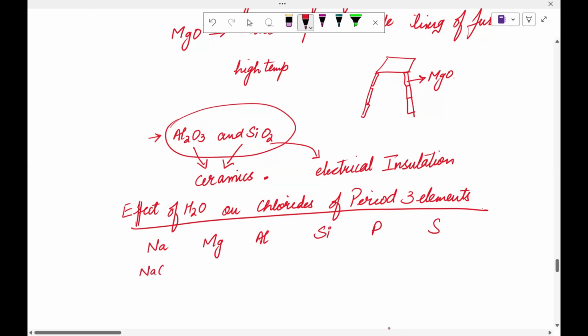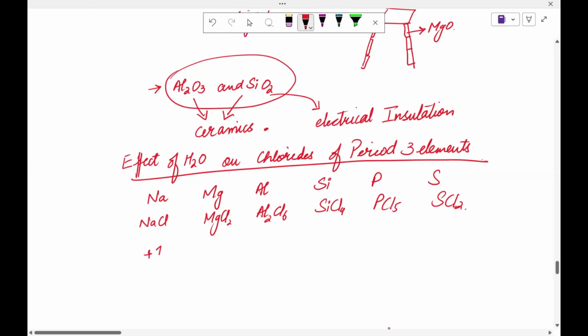The chlorides are NaCl, MgCl2, Al2Cl6, SiCl4, PCl5, and SCl2. So the oxidation states are +1, +2, +3, +4, +5, and +2.